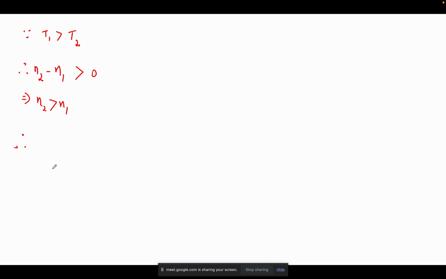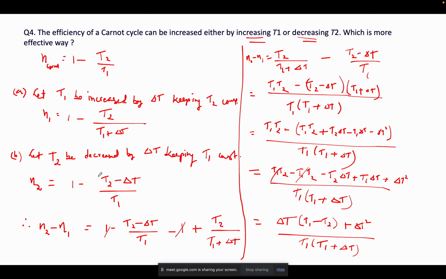Therefore, what was my eta 2? My eta 2 was basically decreasing T2, keeping T1 constant.